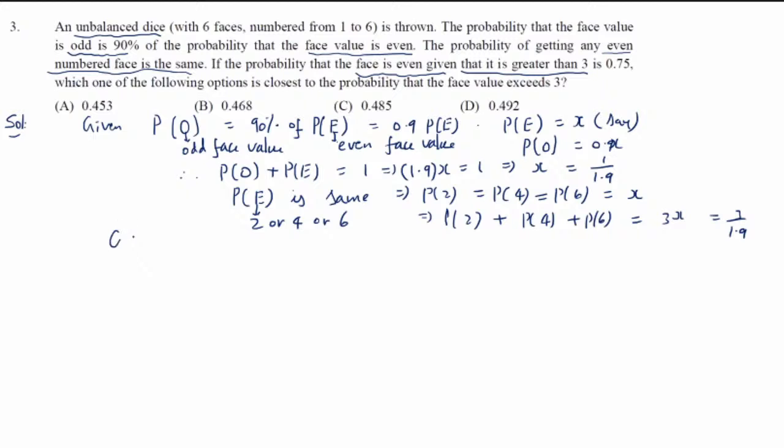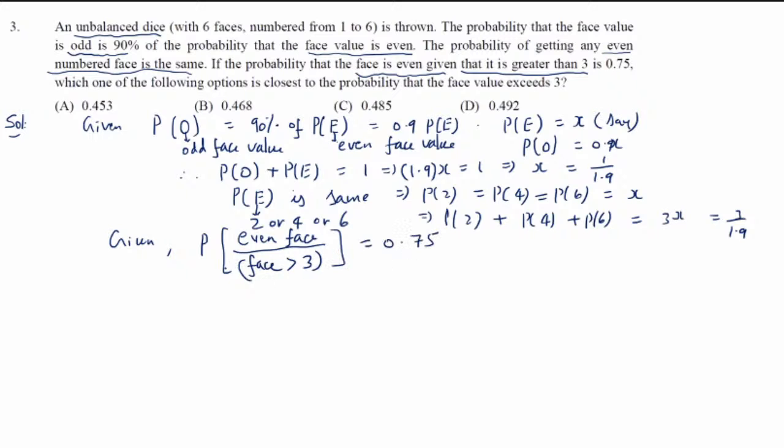So, given probability of face is even, given that the face value is greater than 3. So this is given 0.75.